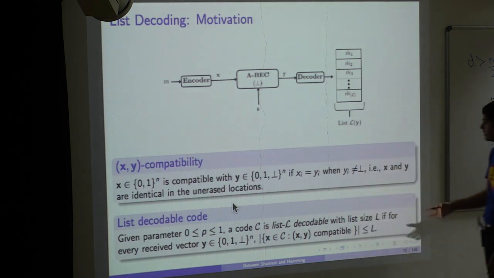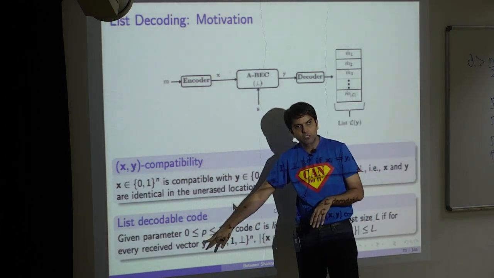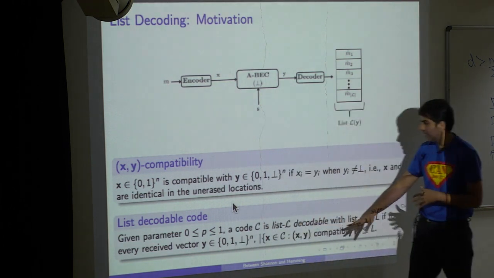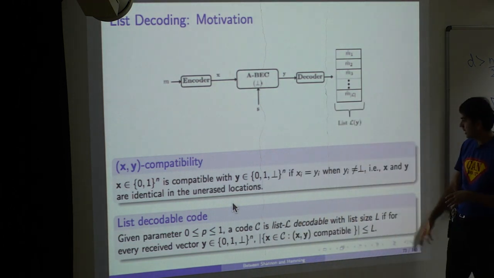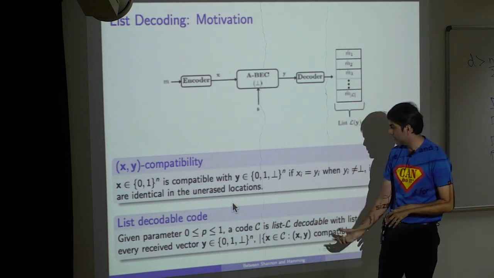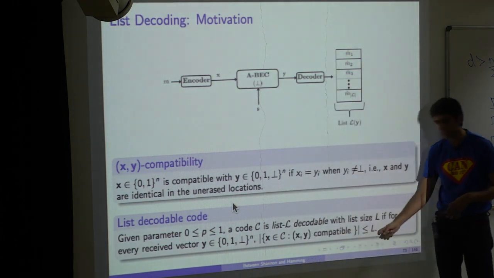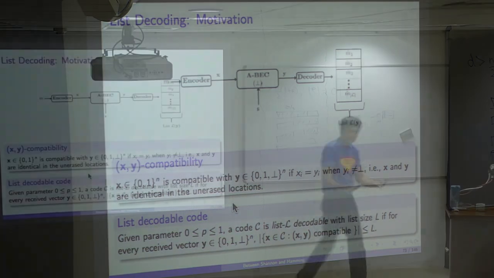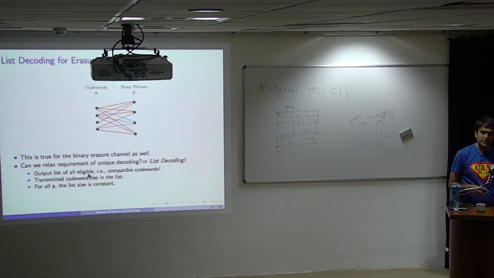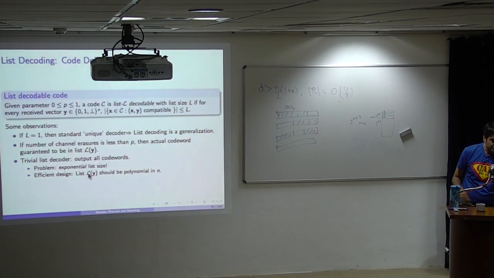And we'll say that, given any noise parameter p, so if the adversary can erase a fraction p of bits, a code is list L decodable with list size capital L if for every received vector y, the number of possible compatible code words is no larger than L, okay? This is basically just saying in equations what we already said verbally over here, that no matter what you receive, there are not too many potential confusing things that could have been transmitted, okay?